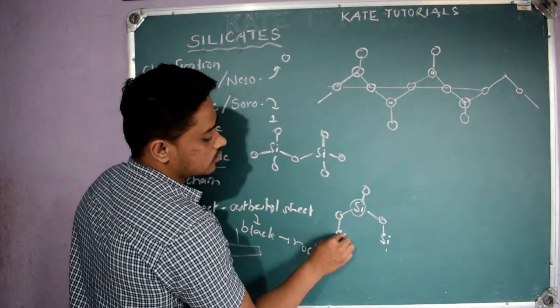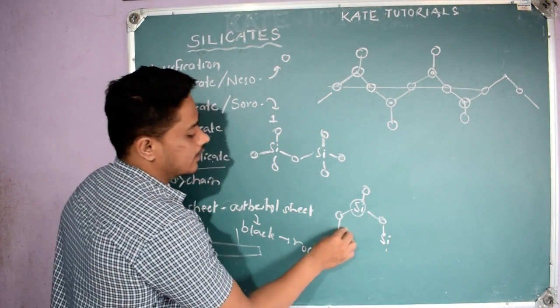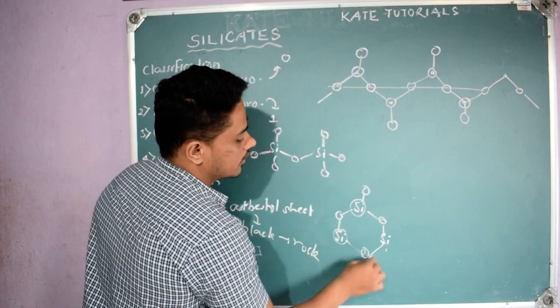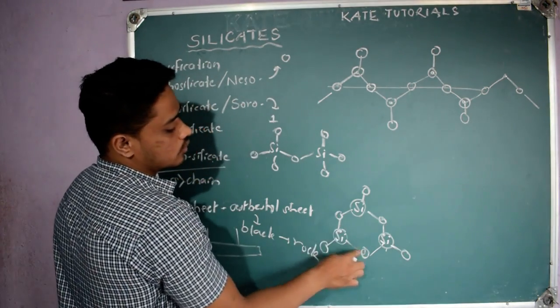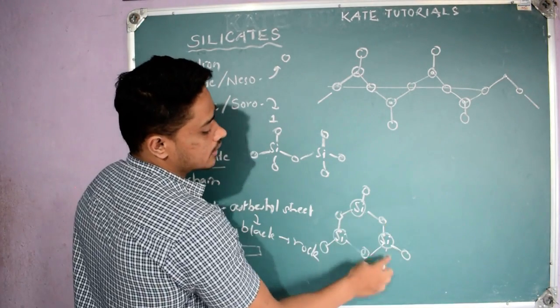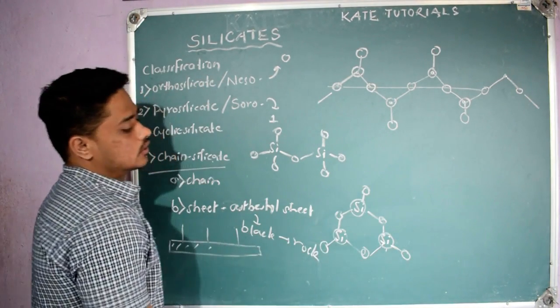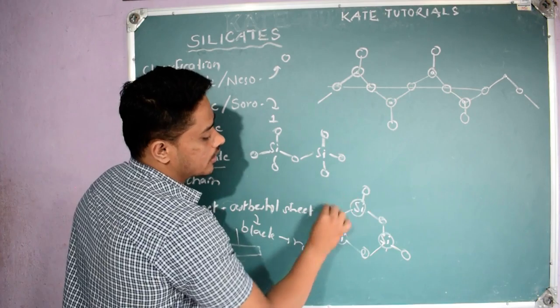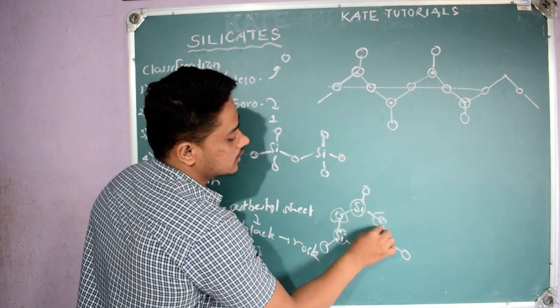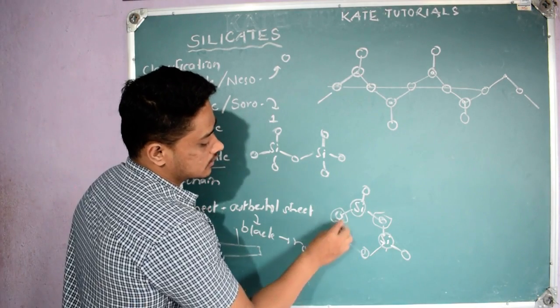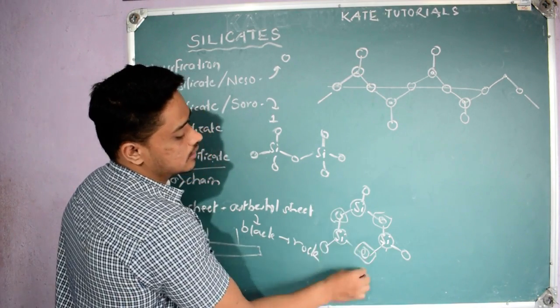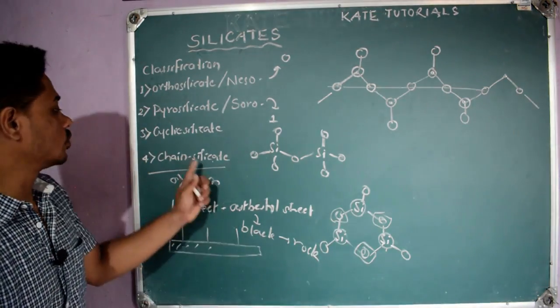Silicon we show by a dot. There are 4 oxygens, 1, 2, 3, 4, here also 1, 2, 3, 4. So here, from one unit 2 oxygens are shared. And here also you can see 2 oxygens are shared.